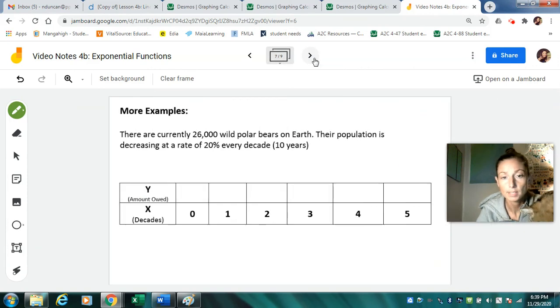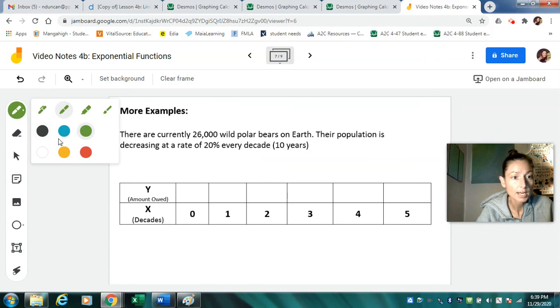I'm going to do a couple of examples, and then we'll be done with this video. Okay, so this is actually like real data here, which makes me a little sad. So polar bears, there's only 26,000 polar bears left on Earth, which really isn't that many polar bears. There's more in captivity, but that's the amount of just wild polar bears that are left. And so that would be our starting amount here. We're calling today the starting amount.